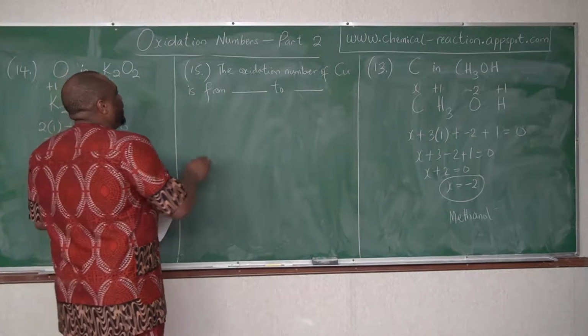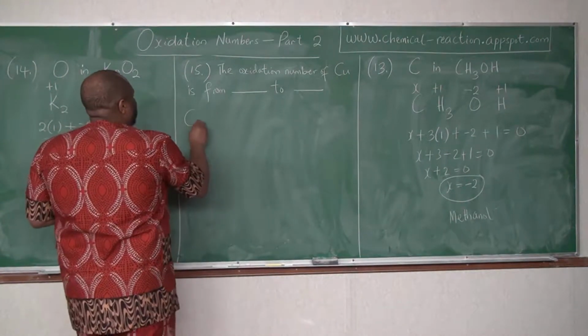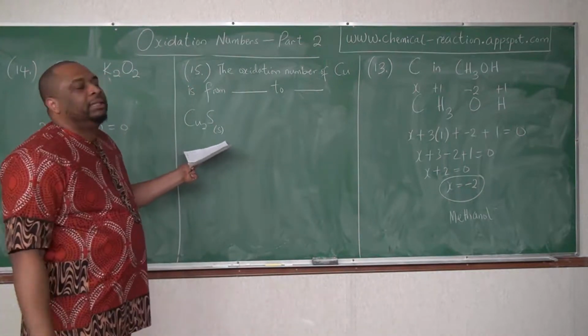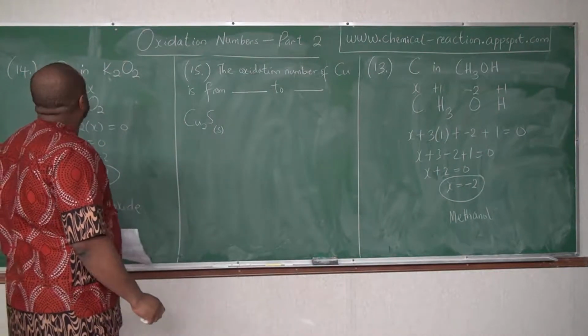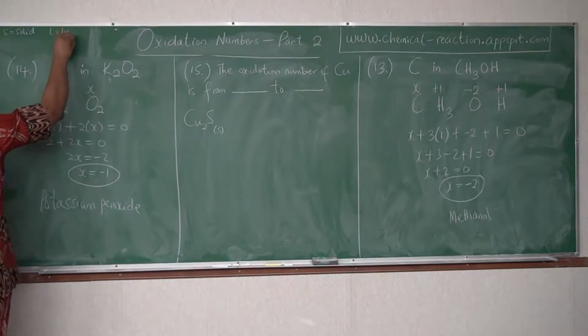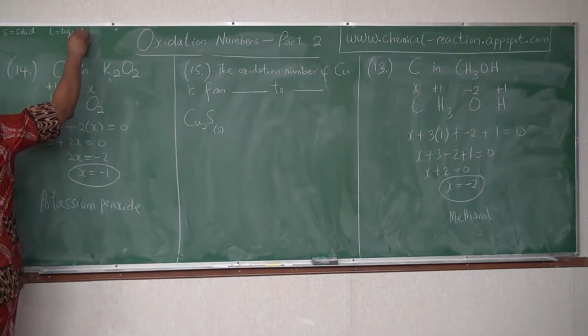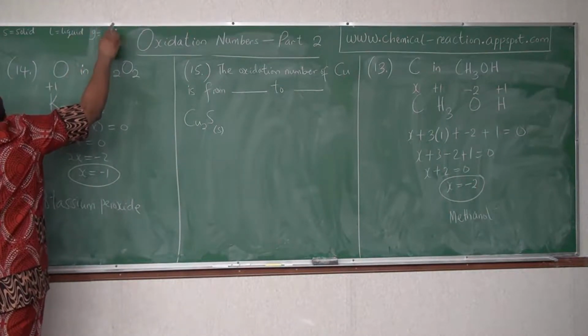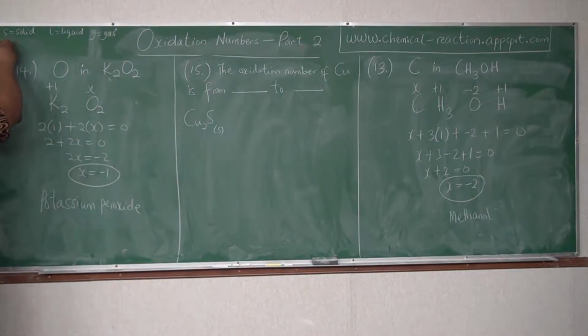In this reaction, you have copper 2 sulfide, solid. Let me write it here. It tells you the state of the substance. S is solid, L is liquid, G is gas, and AQ is aqueous solution.